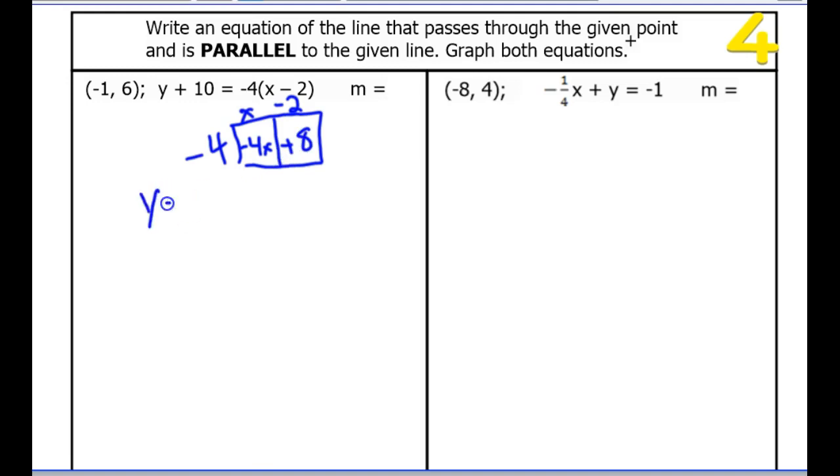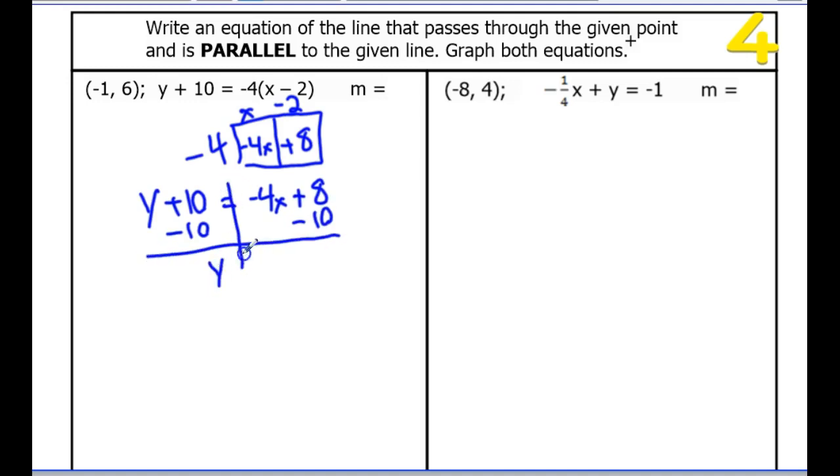So we get y plus 10 equals negative 4x plus 8. Subtract the 10. What we get is y equals negative 4x minus 2.